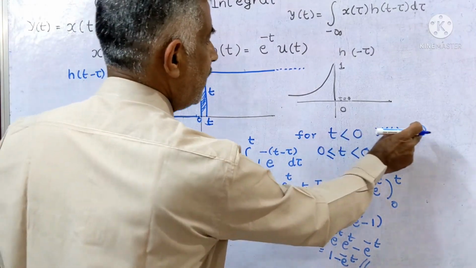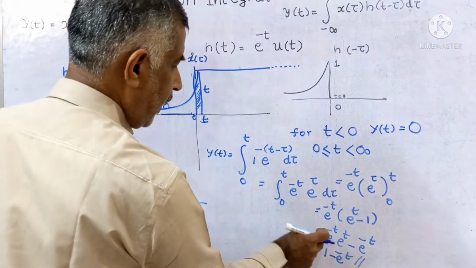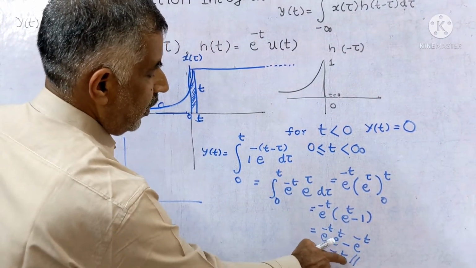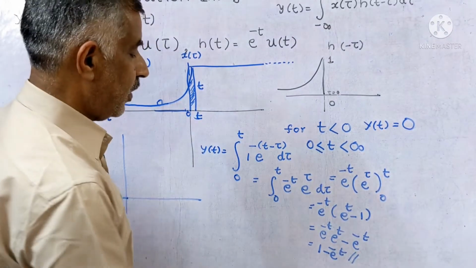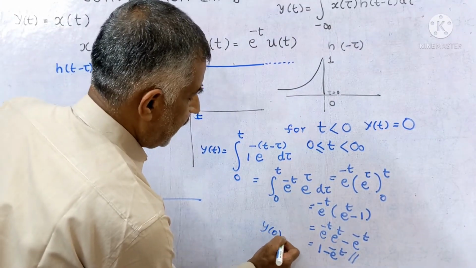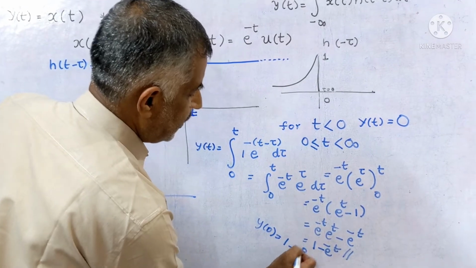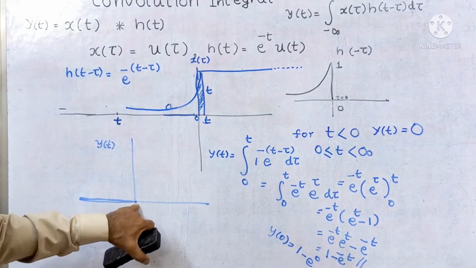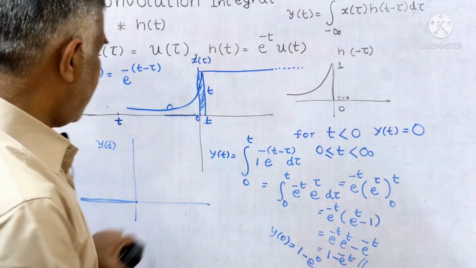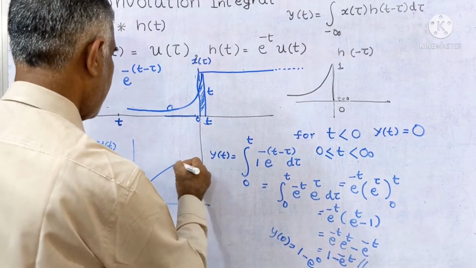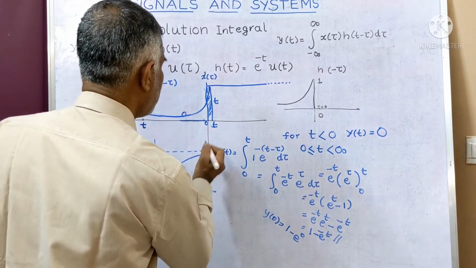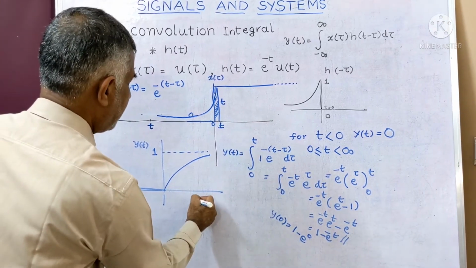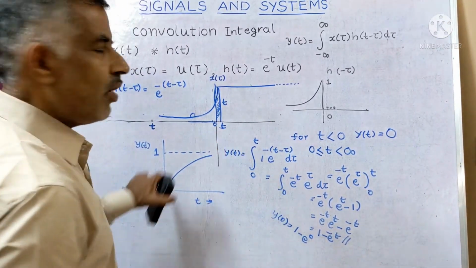For t less than 0, it is 0, and this graph starts from 0. If you put t equal to 0 here, y of 0 is equal to 1 minus e power 0. E power 0 is 1, so 1 minus 1 is 0. So it is coinciding. Then this is an exponential growth, and at t equal to infinity it reaches the level 1.